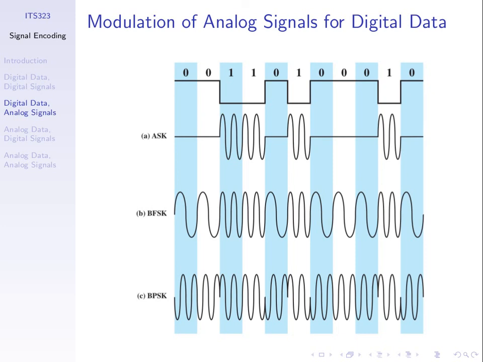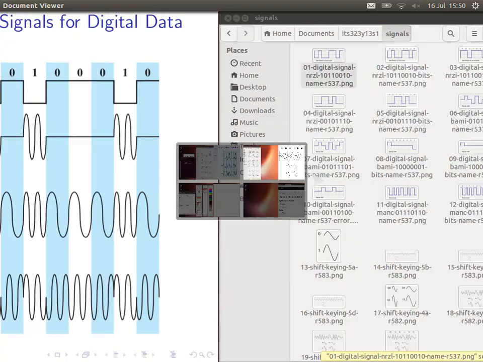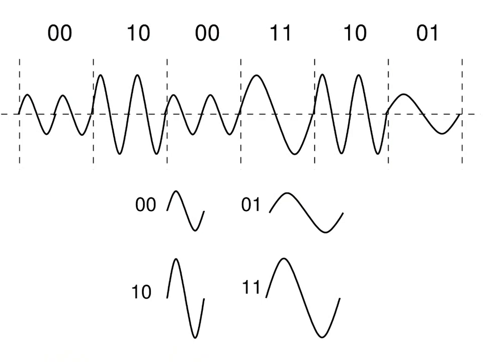So instead of just 2 frequencies, we have 4 different frequencies. One frequency represents 2 bits, another frequency, another 2 bits, and so on. Or we can have 16 frequencies, each representing 4 bits, and so on. And like we saw in our example here, we can even combine them together, where we have a combination of amplitude shift keying and frequency shift keying, that is, different frequencies and different amplitudes.